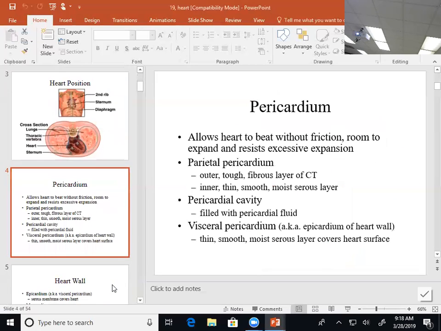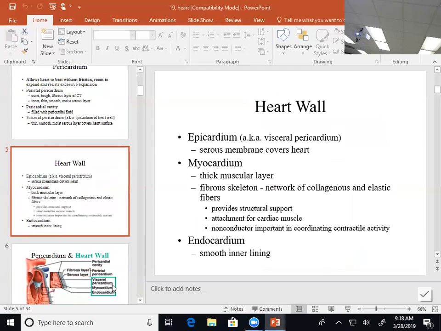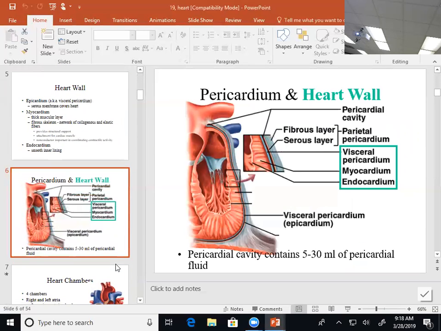I want you to think about the position of the heart here and where it's sitting. If we looked at this heart and did a coronal section, which you all know what that means because of your lab, it's a front section, we removed the front part. So we're looking in here at these chambers. This is the left atrium and the left ventricle. If we took a little slice of this and blew it up, what we would actually see is that the heart is sitting in this tough sac.